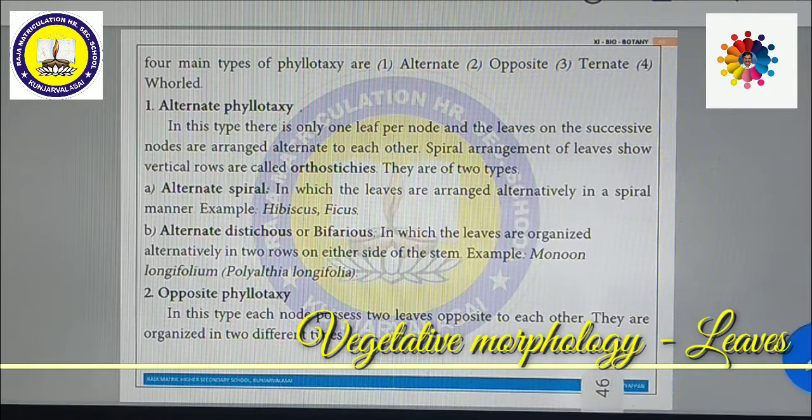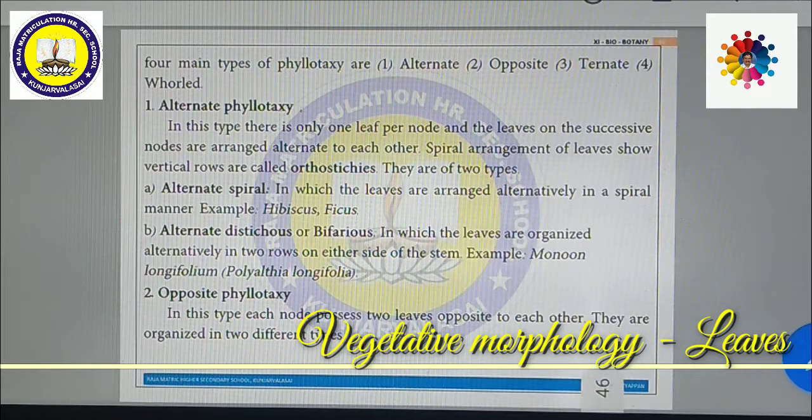Alternate spiral, in which the leaves are arranged alternately in a spiral manner. If you see hibiscus and ficus, we can see alternate spiral. Another type is alternate distichous.